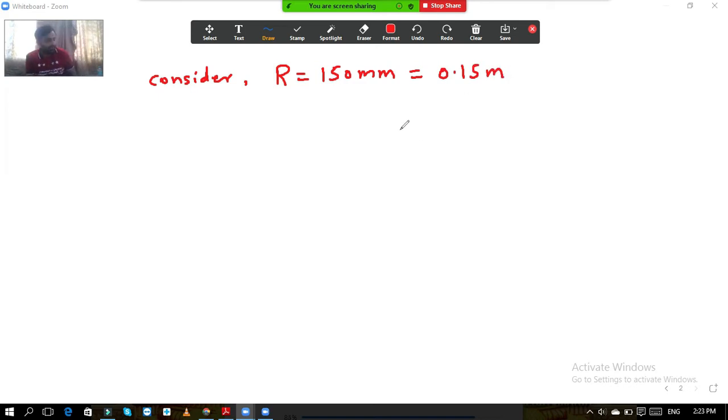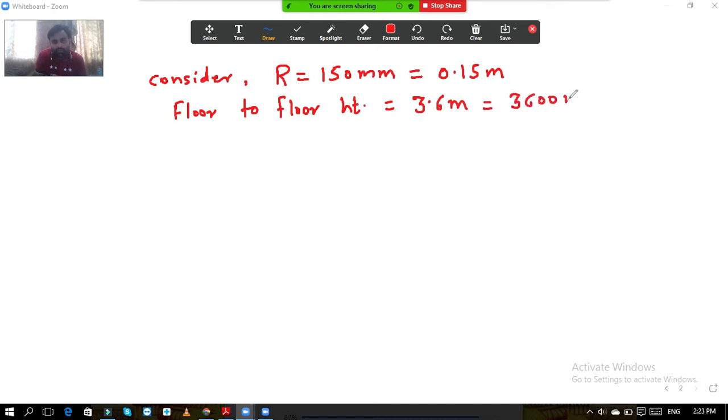Now floor to floor height. What is floor to floor height? It is given as 3.6 meter, which is equal to 3600 mm. So number of risers now. How do we calculate the number of risers?